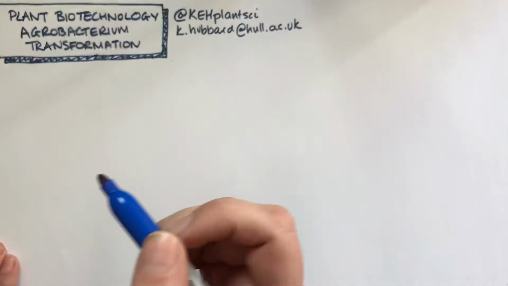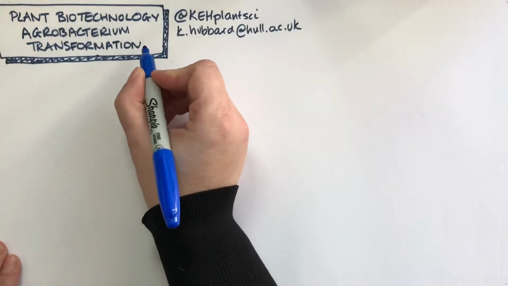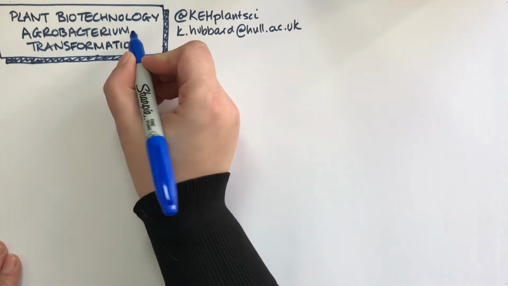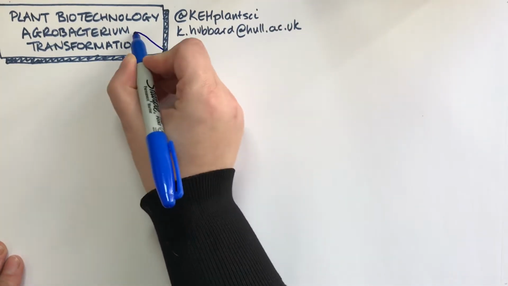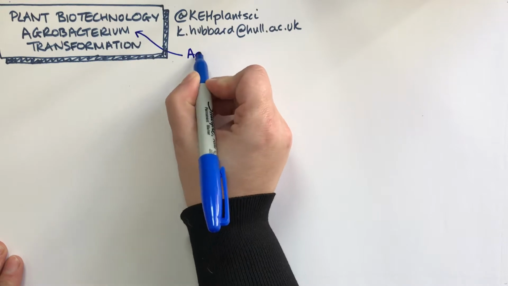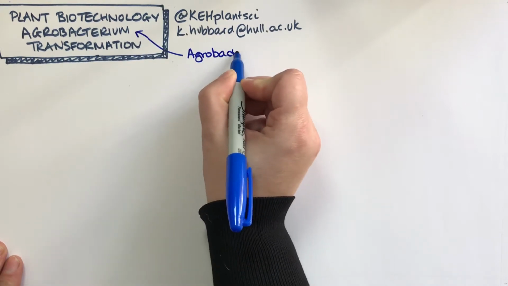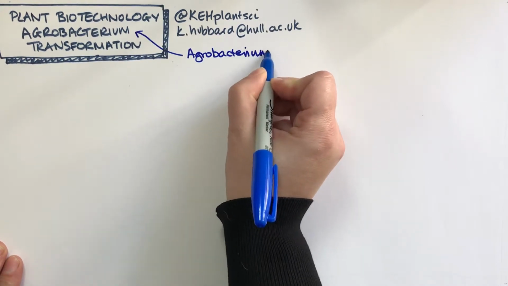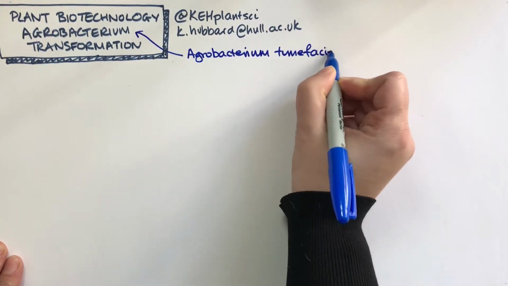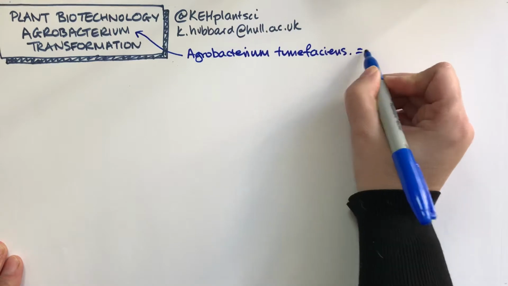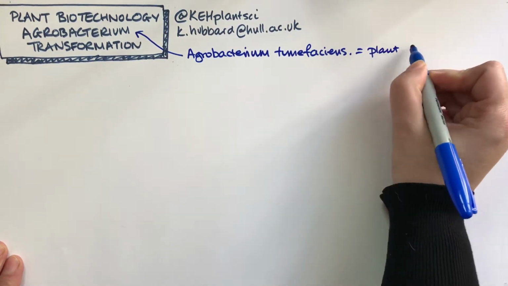The basis of this method is it's using a biological vector called Agrobacterium tumefaciens, which is a natural plant pathogen.